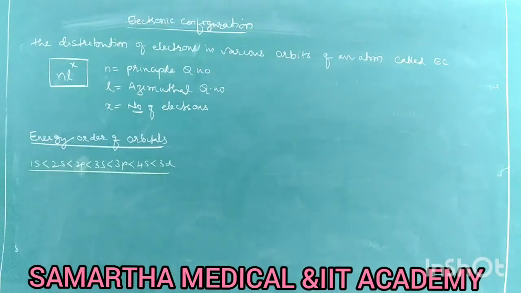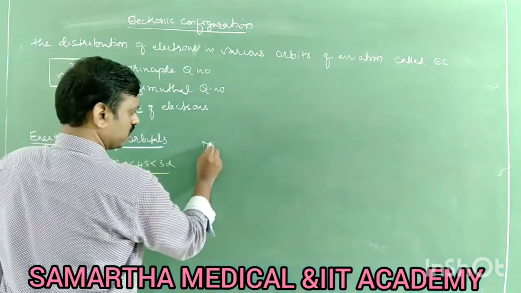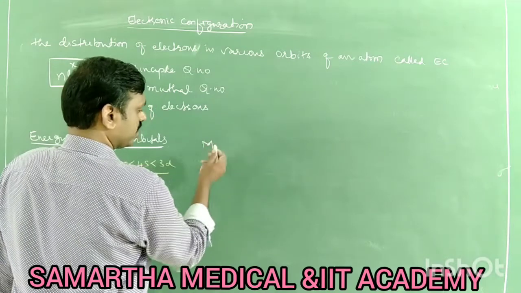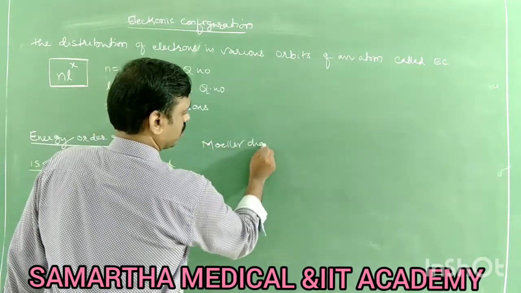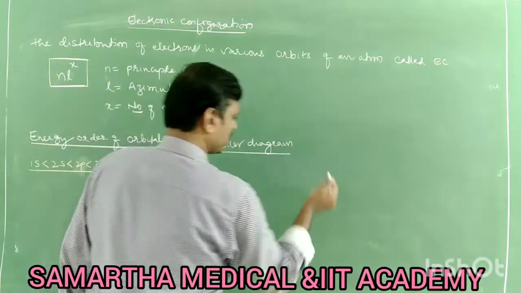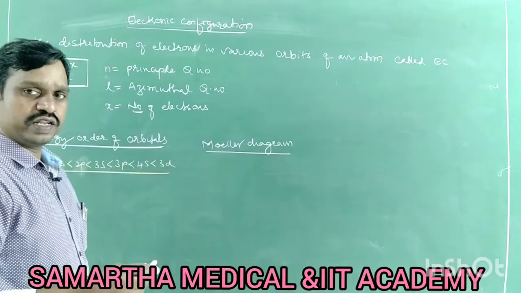If you want to write the energy of all the orbitals, we have one more method, called the Aufbau diagram. This we study in first PUC, and you might have studied it even in 10th standard. Based on this diagram you can identify the energy.